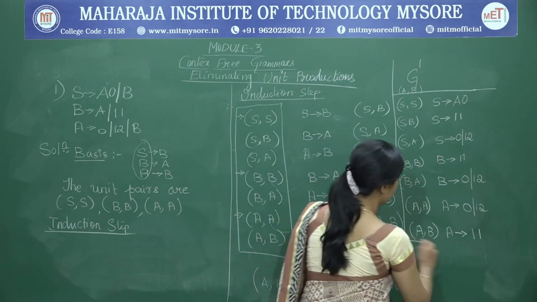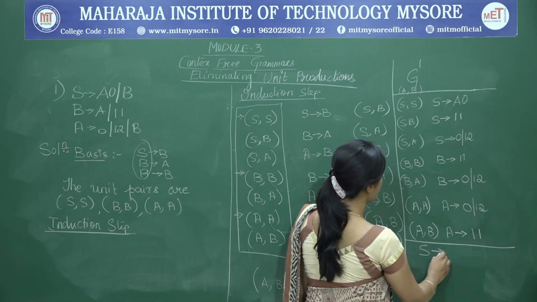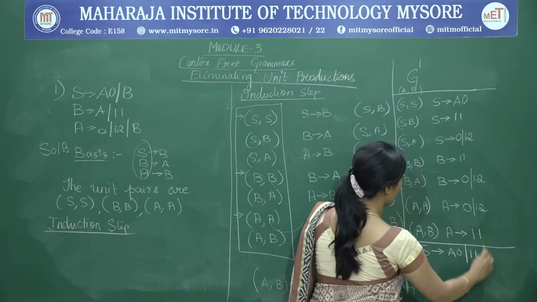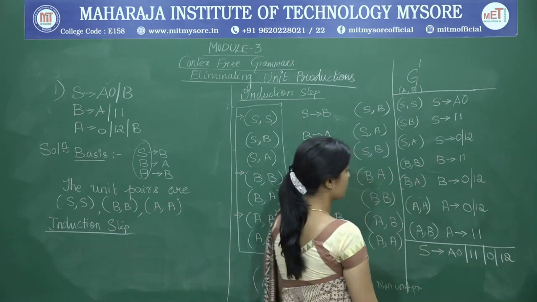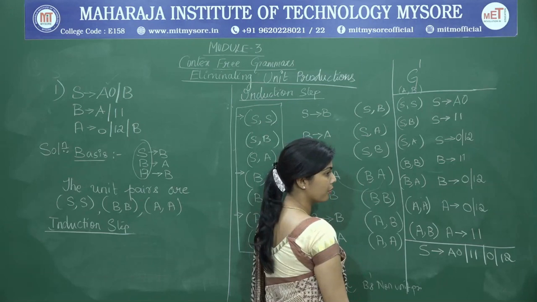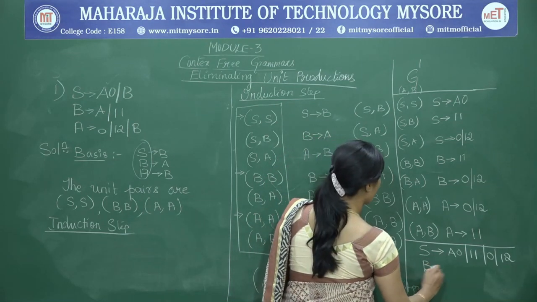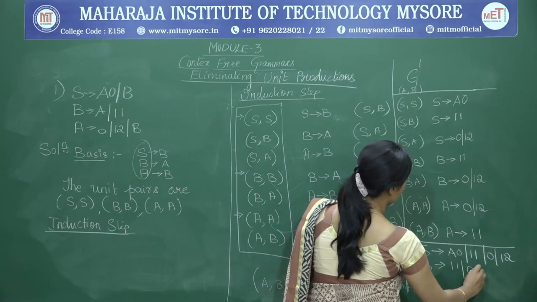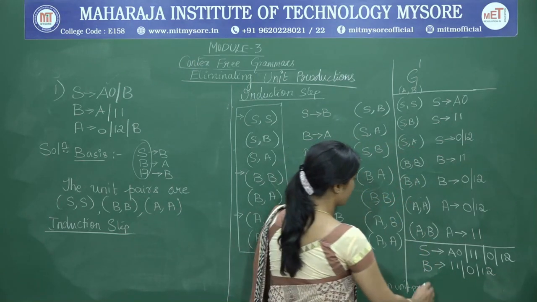If we have to arrange them and write, this becomes S goes to A0 or 1 1 or 0 or 1 2. This is how we write the first rule of the grammar. The second rule is B goes to 1 1 or 0 or 1 2. This is the second rule of the grammar.